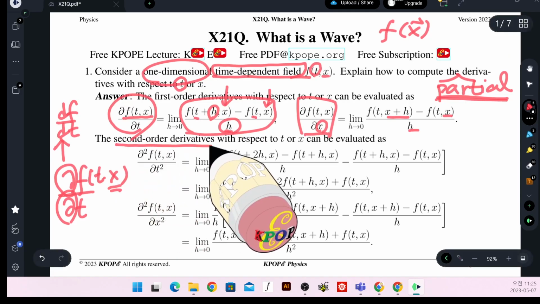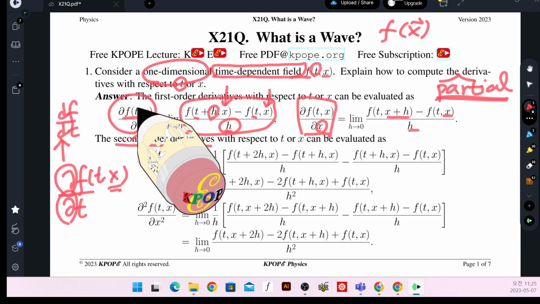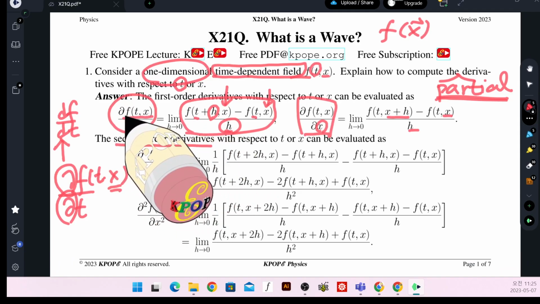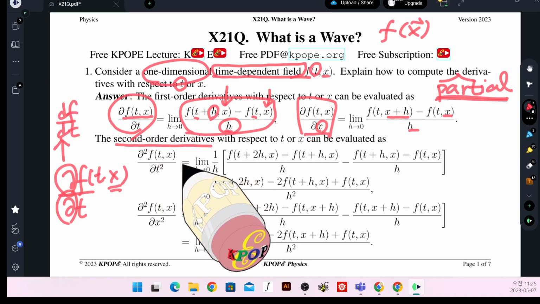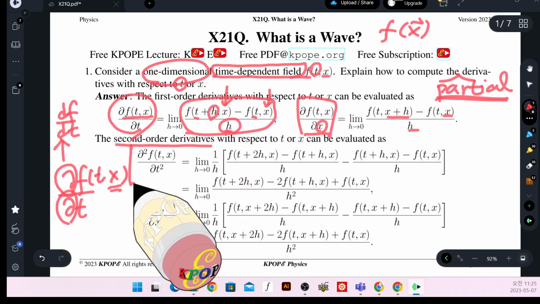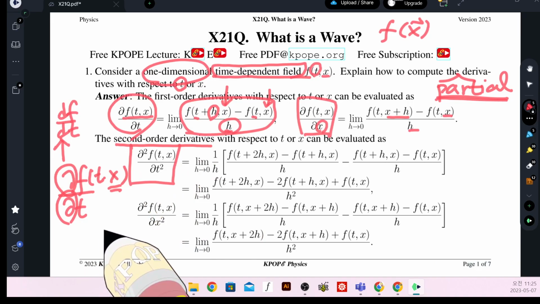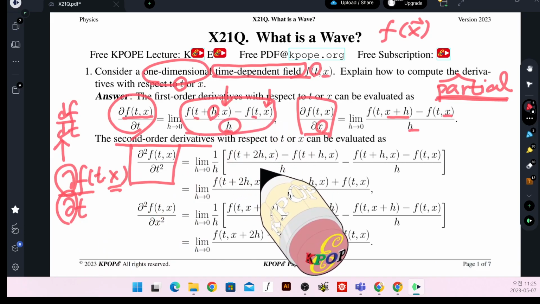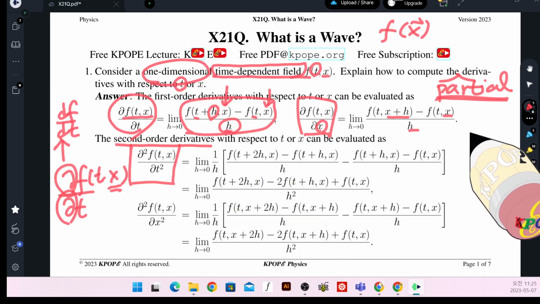Okay, so why don't we compute the second order derivatives? In most textbooks, they say you can repeat the operation of derivative once, twice, three times, and so on. Why don't we investigate the definition of the second order derivative in more detail? We apply this one to find that the second order derivative is the derivative of the first order.